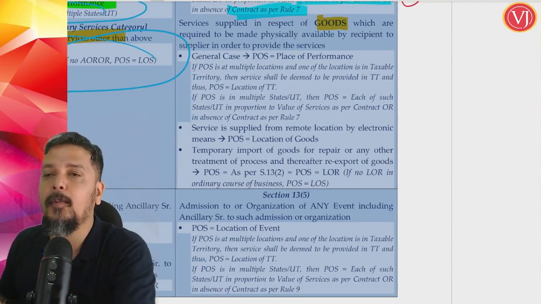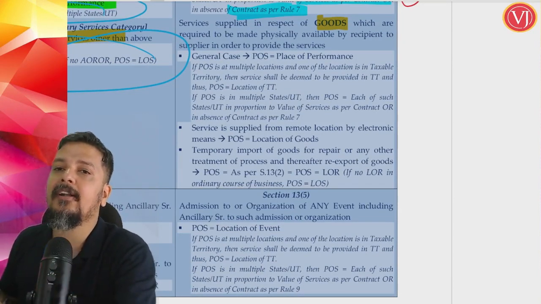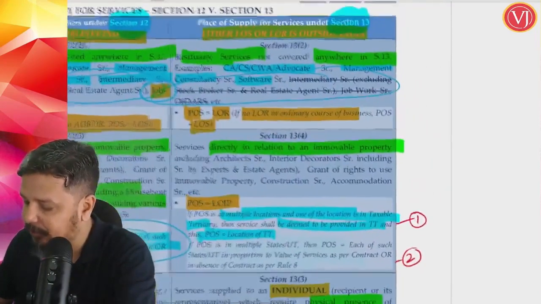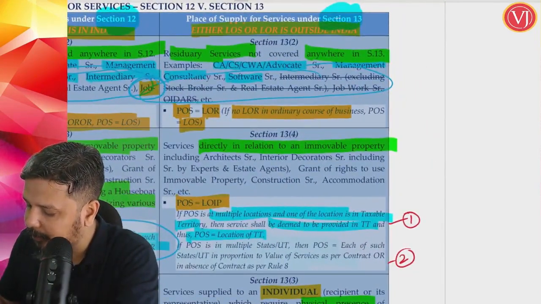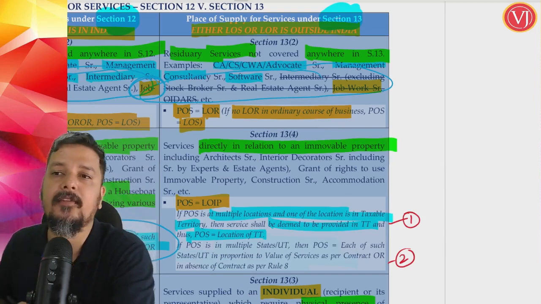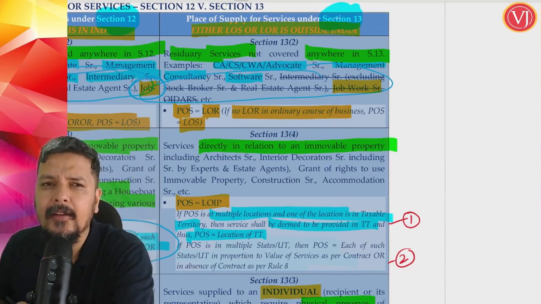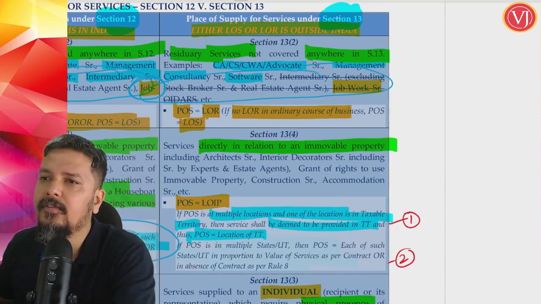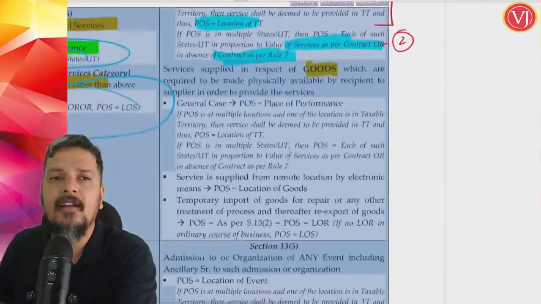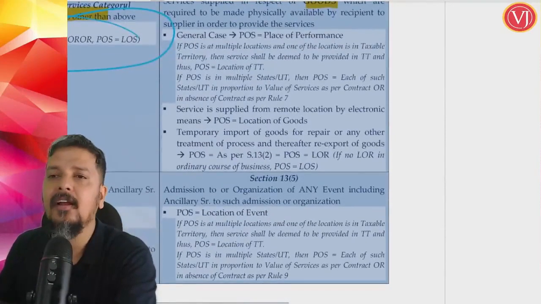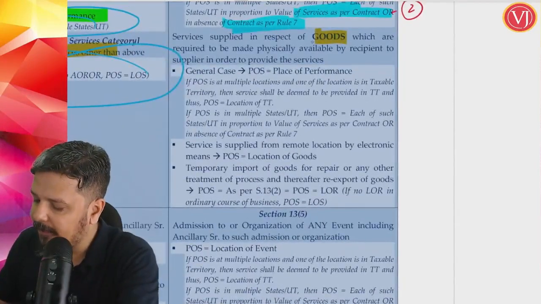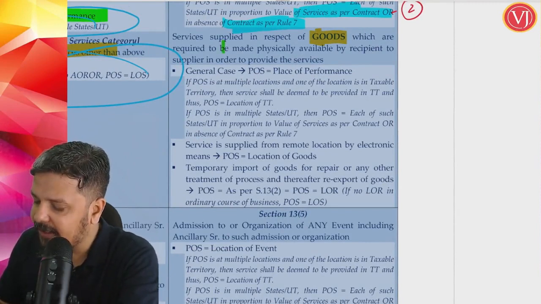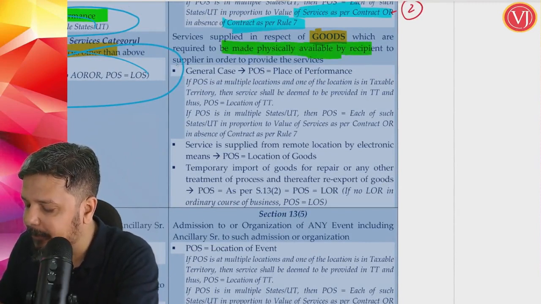Now talking about the goods part. Here, the goods part, performance basis specifically addressed. Therefore, if you see the residuary provision, job working was not taken as an example of residuary services. Why? Specifically for performance on goods, there was a specific provision. There was a specific provision where you're talking about supplies on goods which are required to be physically made available by the recipient to the supplier.